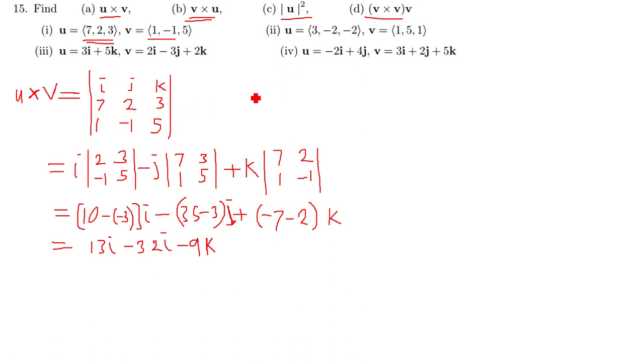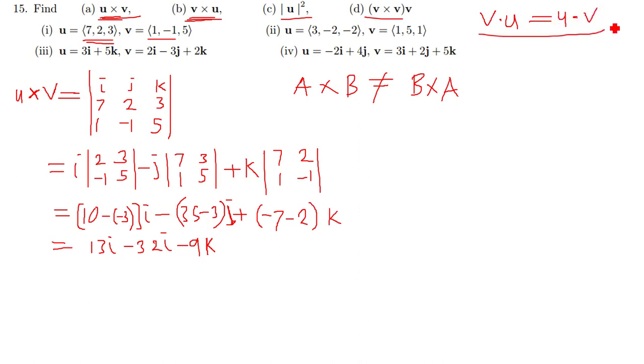So you should also know to say A cross B is not equal to B cross A. So expect to find different answers here on these two. But know also to say V dot U is equal to U dot V. You still find the same answer. But for cross product, it's not the case.